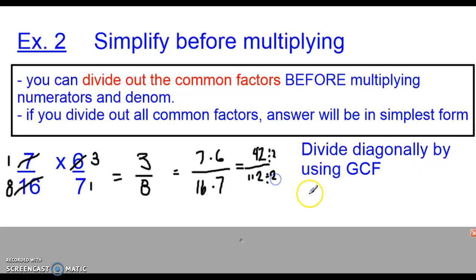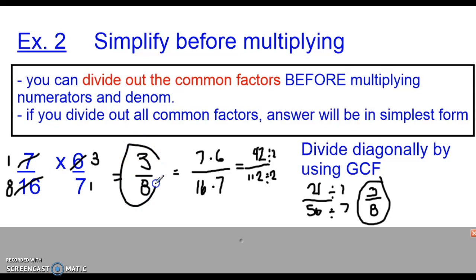On the top, for my numerator, that would give me 21, and my denominator would give me 56. Now, I would divide by 7 to give me my simplest form, 3/8. So you can see how either way I do it, I get the same answer. But some people feel that simplifying beforehand is a little bit easier. So let's go ahead and try another one.